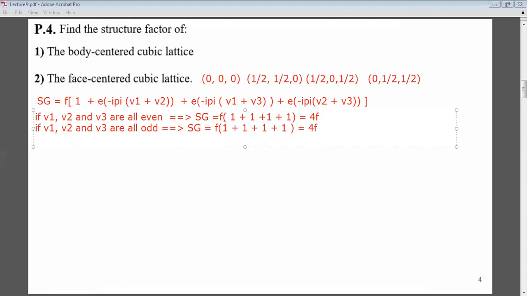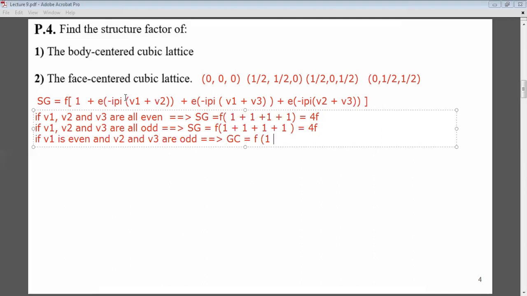Now, if V1 is even and V2 and V3 are odd, what do I get? SG is equal to F into, there is a 1 in the beginning, then V1 is even, but V2 is odd. So take, for example, V1 equal to 2 plus 1, which is 3.